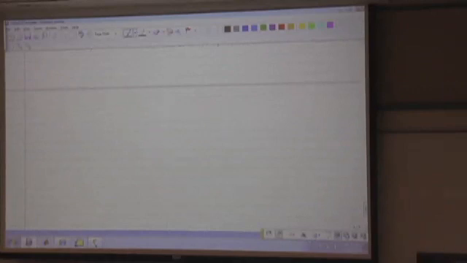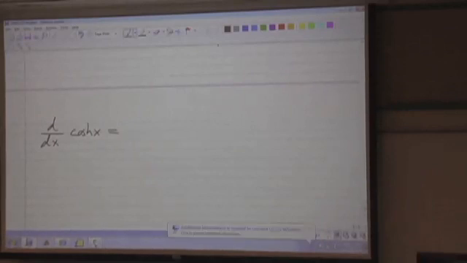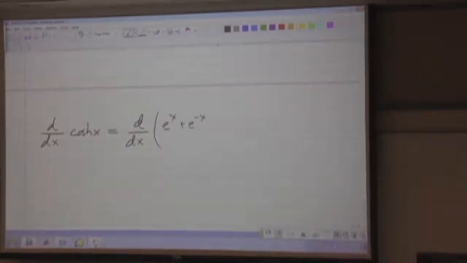Now, can you tell me what the derivative of cosh of x is? Just take the derivative. What is the derivative of e to the x plus e to the minus x over 2?